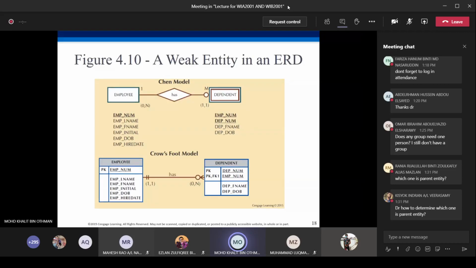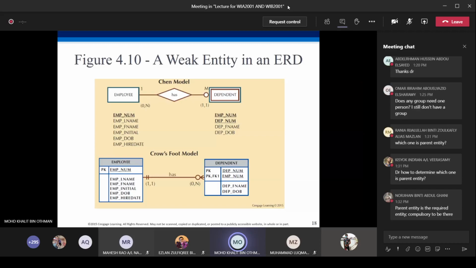This one shows the strong relationship between employee and dependent entity, but the dependent entity itself is an example of a weak entity, because the entity cannot exist without the employee.